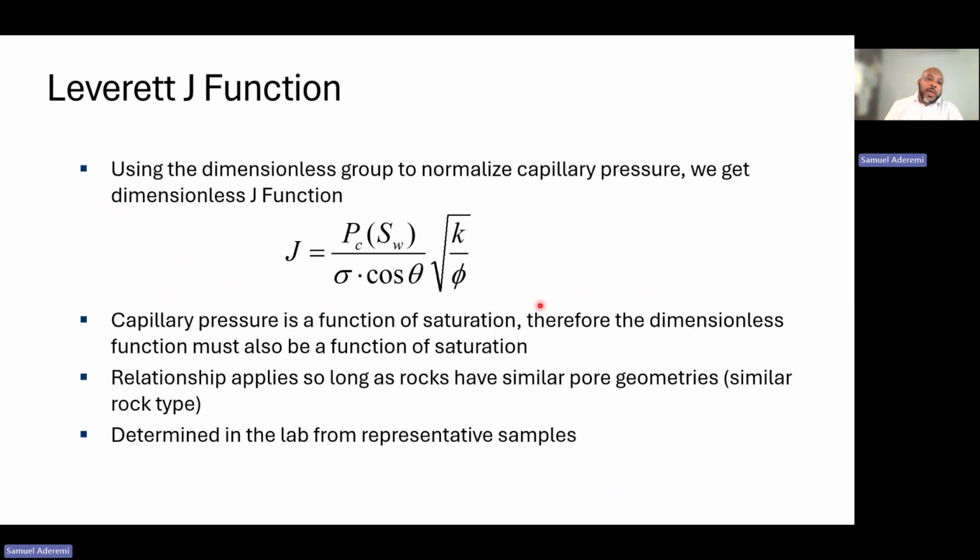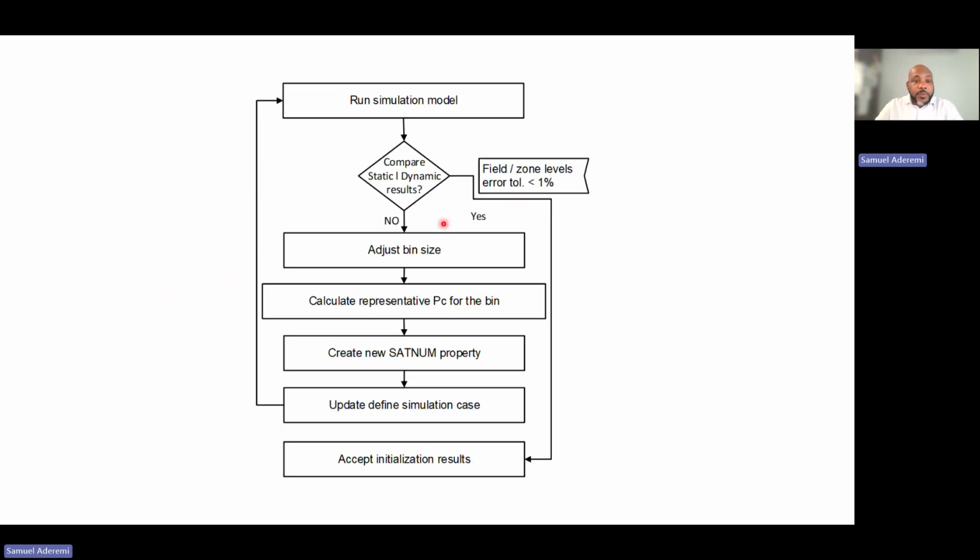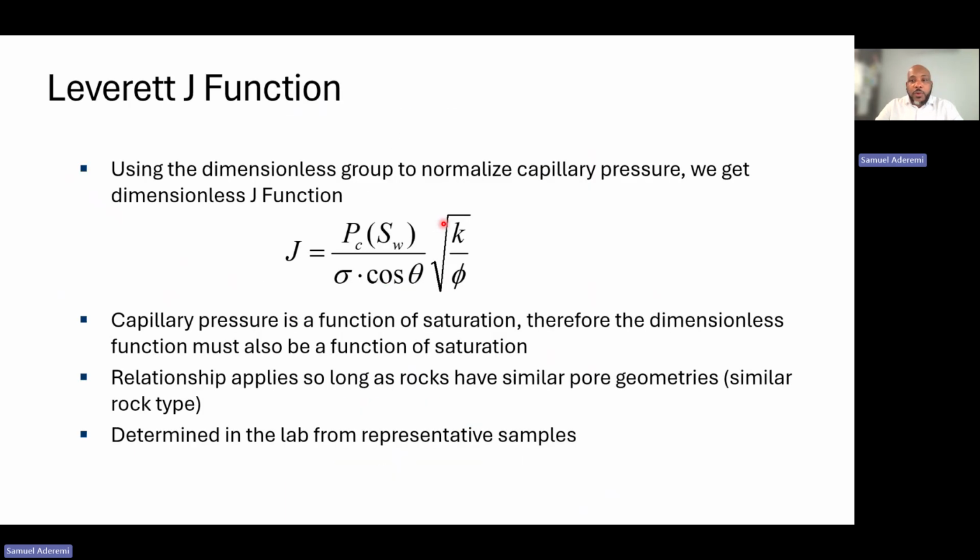All of this can be incorporated in the powerful Leverett J-function. Besides calculating the capillary pressure for each cell, we can use this approach to initialize the model, because the moment you know the capillary pressure, you can estimate the water saturation in each cell.